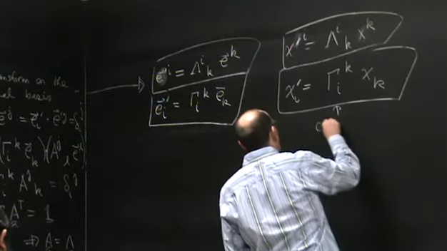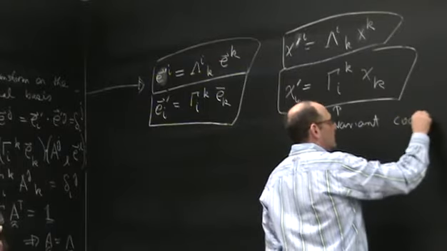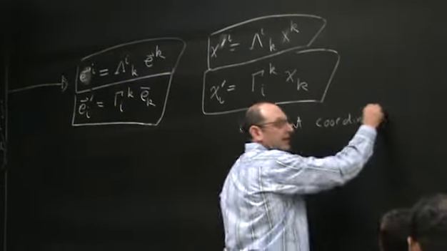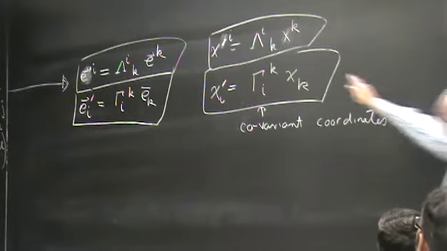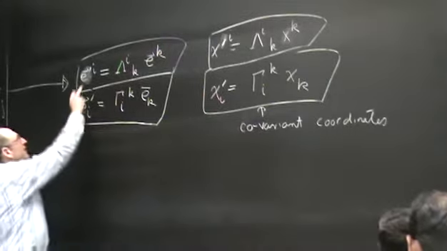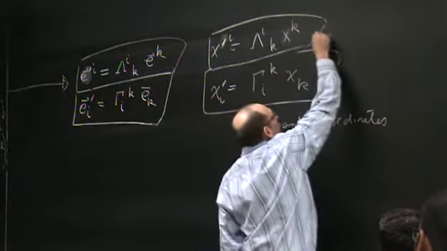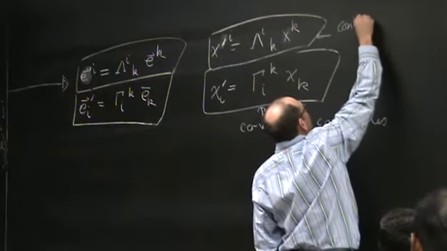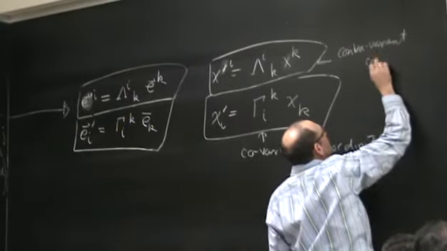So these are called the covariant coordinates. The guys that have the upper subscript transform as the dual basis vectors transform. And thus, they are called the contravariant coordinates.